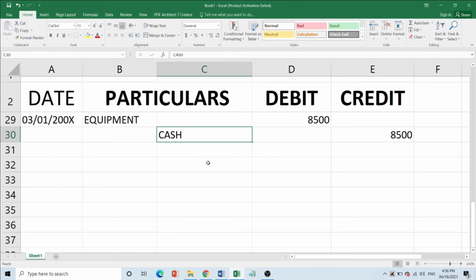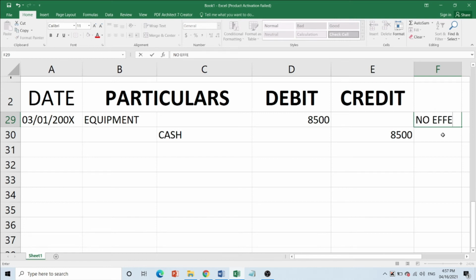Cash is an asset account. A debit in asset account increases the asset, but a credit in asset account decreases the asset. So, ang nangyari, nag-increase yung asset at nag-decrease din yung asset. Effect, 0.